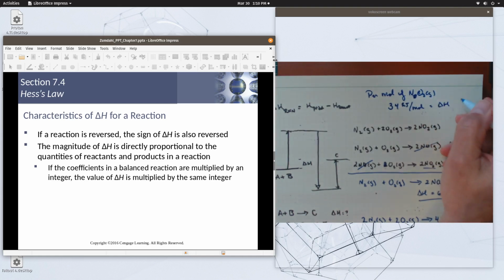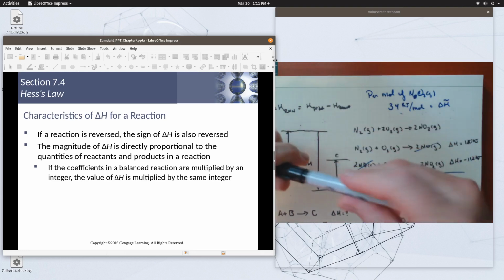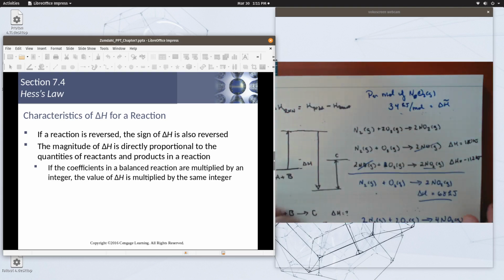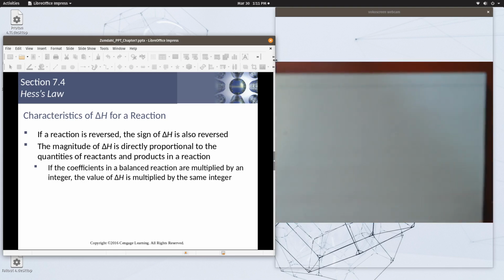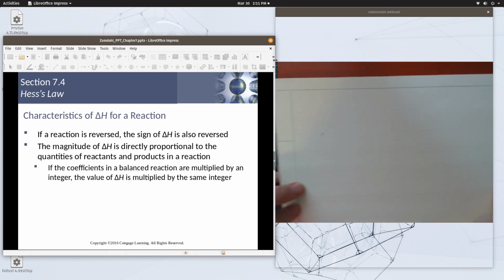Now, some books will denote the molar quantities in different ways. I like to put a little hat on the top of this to denote this is a molar quantity. Now, I'm emphasizing that this is an amount dependent quantity. Many quantities in thermodynamics are what are called extensive quantities. Since we haven't introduced that term, I'm going to do so now.